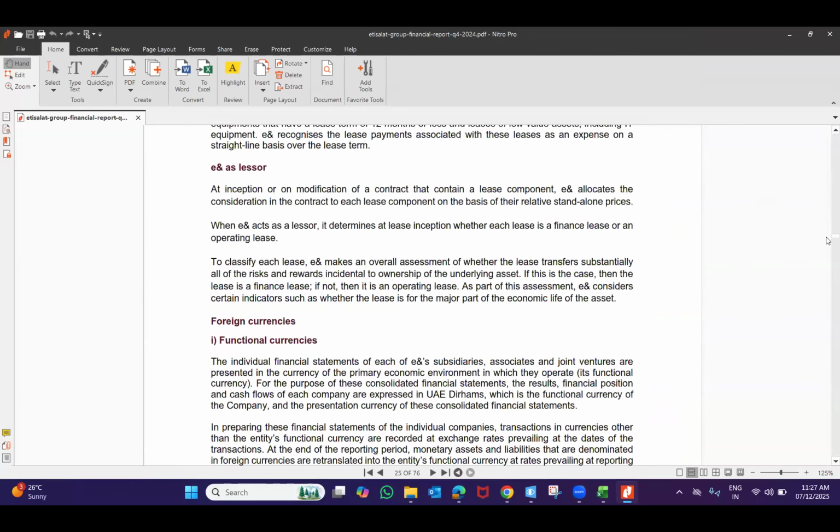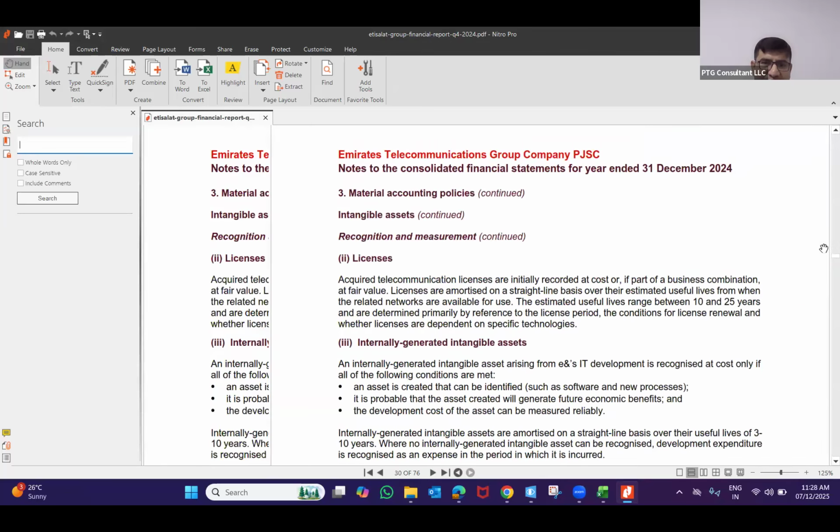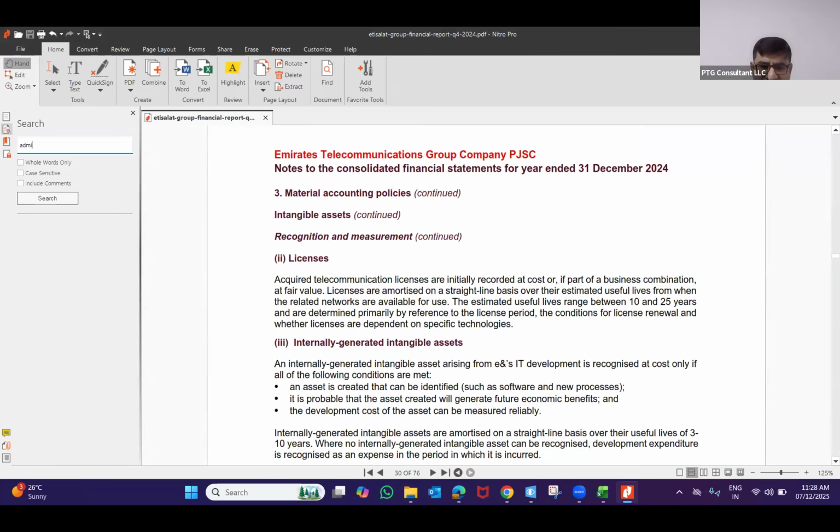This figure is normally shown in the admin and other operating expenses, normally down around note 15 or 16 somewhere. These are the accounting policies. Scroll down.